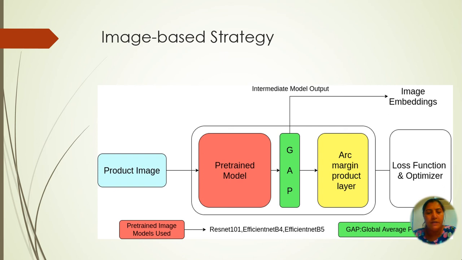First we have a product image, and we apply a predefined model. Predefined model means a model that has already been researched and developed, like ResNet. This sounds very difficult, but it's called a CNN predefined model from computer vision, and these models are already available.